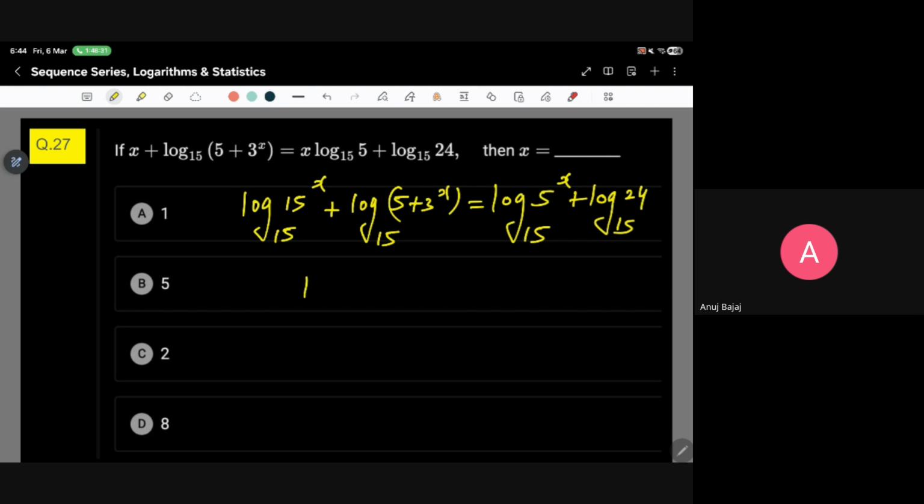So your LHS will become 15 to the power x into, and this becomes 5 to the power x into. So 5 to the power x will get cancelled out from both the sides because it cannot become 0. So we are left with 3 to the power x.